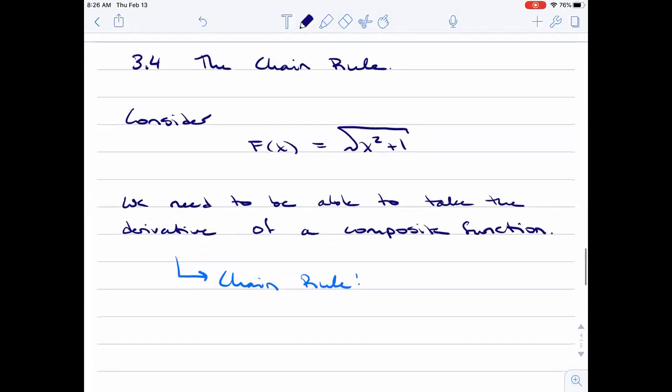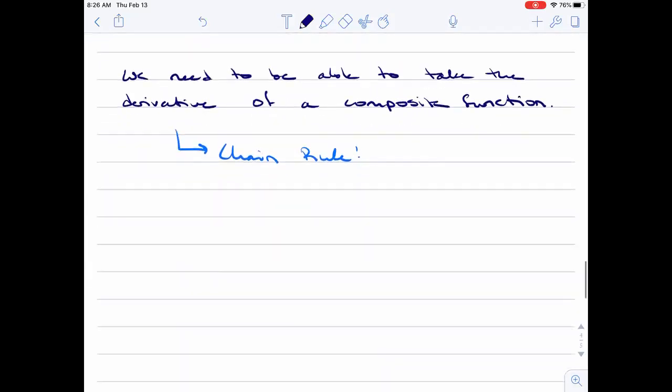So what we want to do is look at this, and here it's pretty obvious that we've got a square root function and an x squared plus 1. We could break it up as x squared as its own and 1 as its own, but we would just treat it as its own one thing, a polynomial.